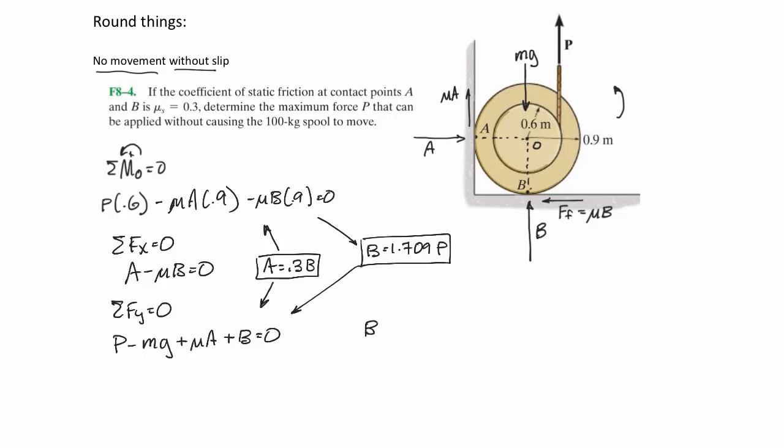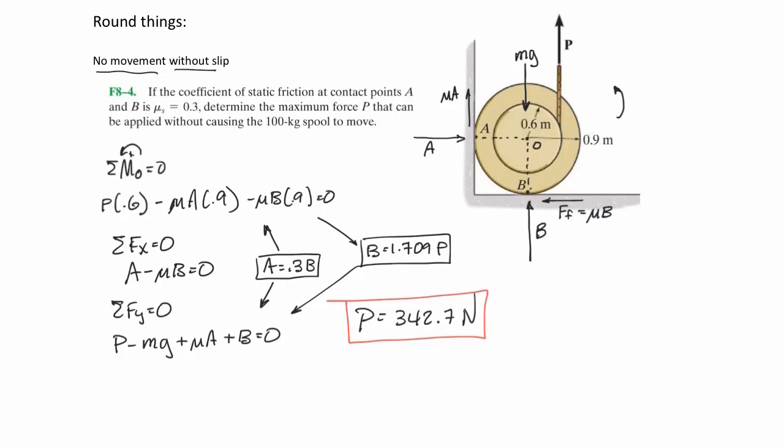And I can do a little algebra, and you'll see that P is equal to 342.7 newtons. Okay, so the algebra way can be a little bit tedious, but you guys are good at algebra, so I'm sure you'll do fine at that.